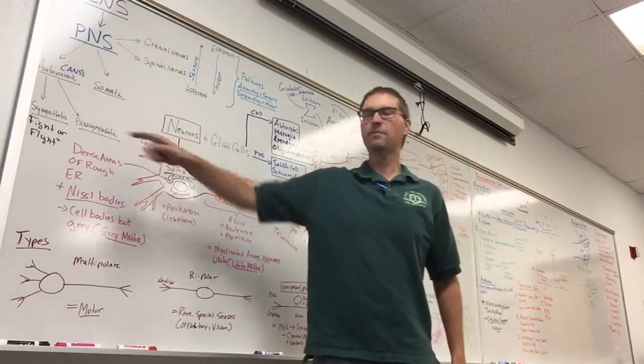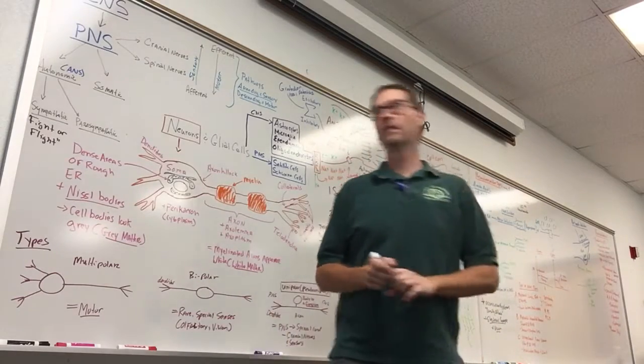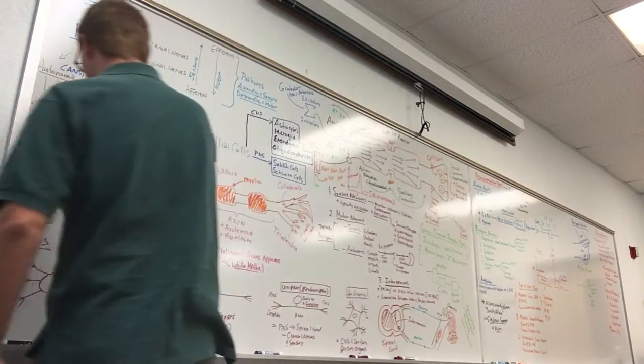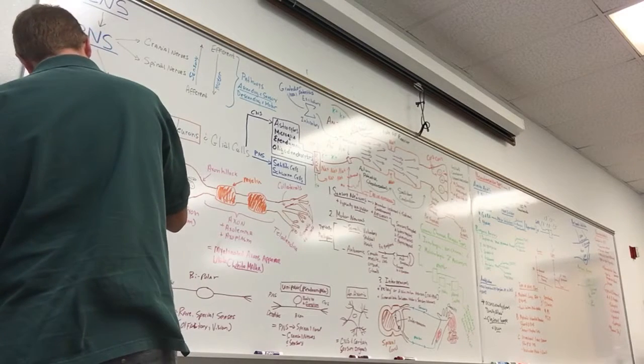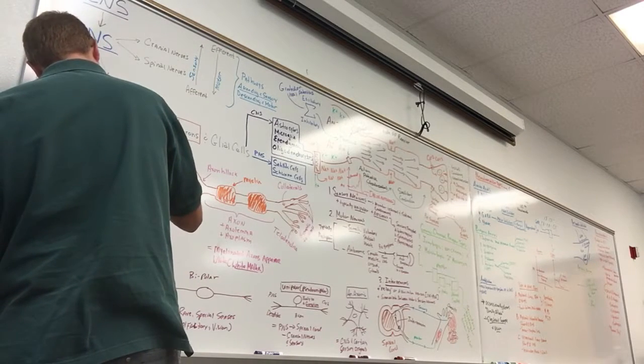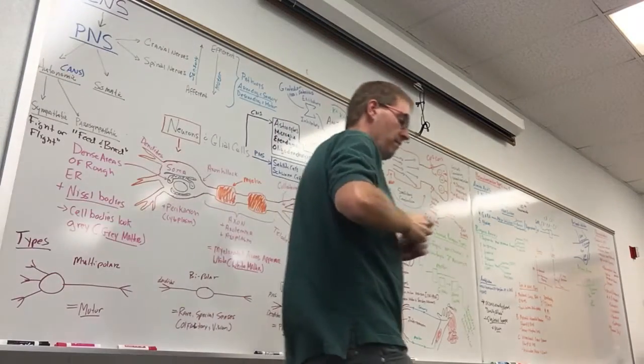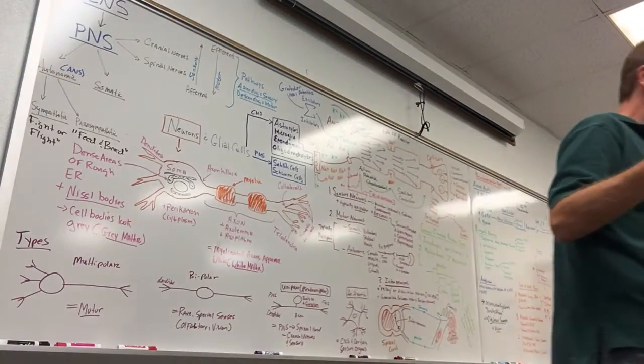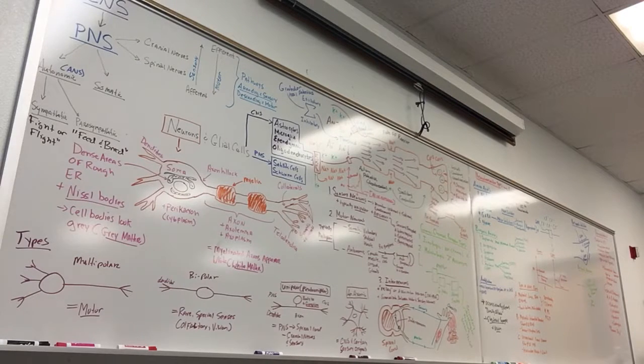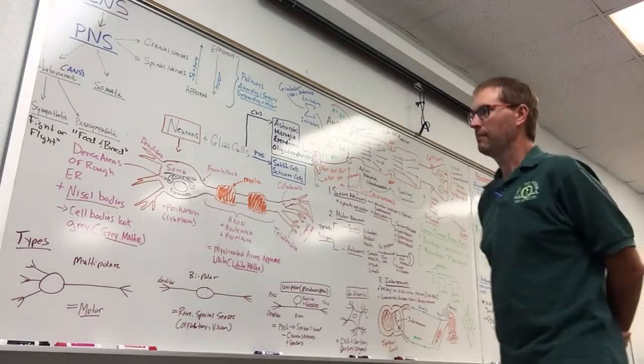Now, the parasympathetic nervous system, on the other hand, is what I call the feed and breed. It is the feed and breed. Okay, so this is the branch, this is the information that is primarily concerned with digestion, slowing things down, relaxation, okay, eating, okay.